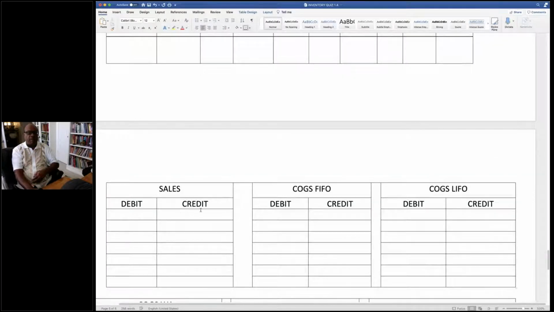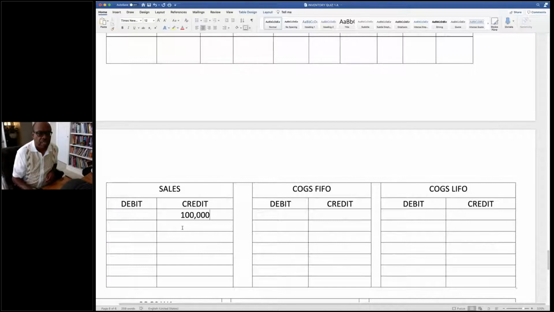What are our first 2 sales numbers? How much were they? Kayla, what were the first 2 sales numbers that we had? The first 2 sales numbers we had were 100,000 and 200,000.